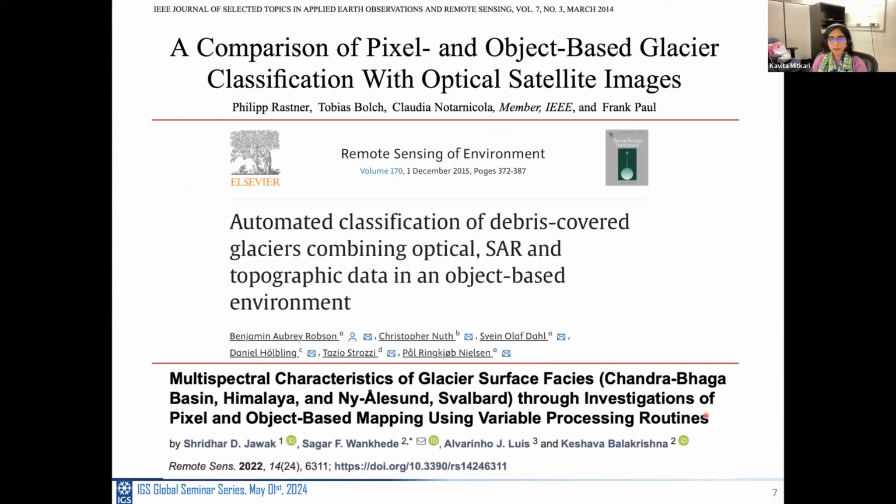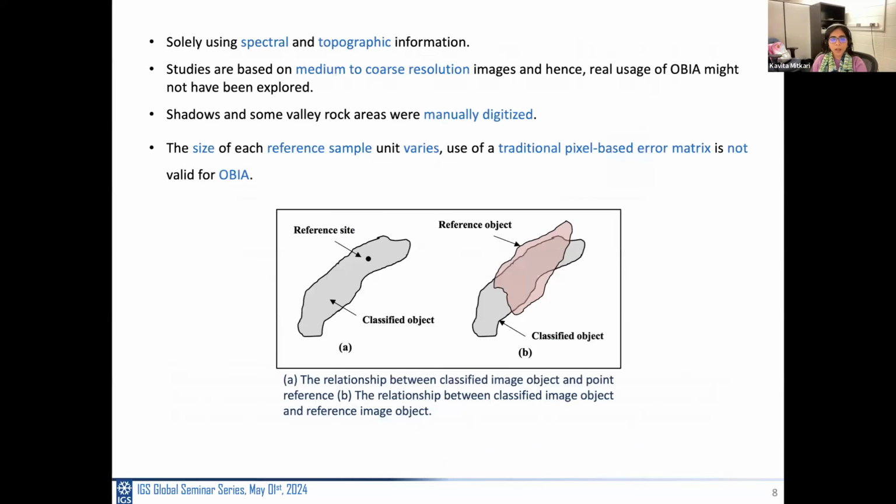These are some of the noteworthy works that I would like to refer to here. They have utilized object-based image analysis for glacier feature extraction. All this work is on debris cover glaciers, on different debris cover glaciers. If anybody is interested, please go through those papers.